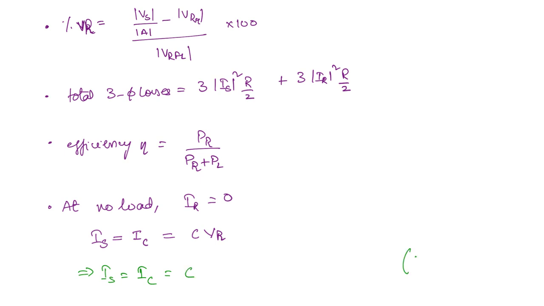If you remember the first equation, Vs is equal to AVR plus BIR. Now when IR is 0, Vs will simply be equal to AVR, right? So instead of VR you can write Vs by A. These are the relations when there is no load connected.